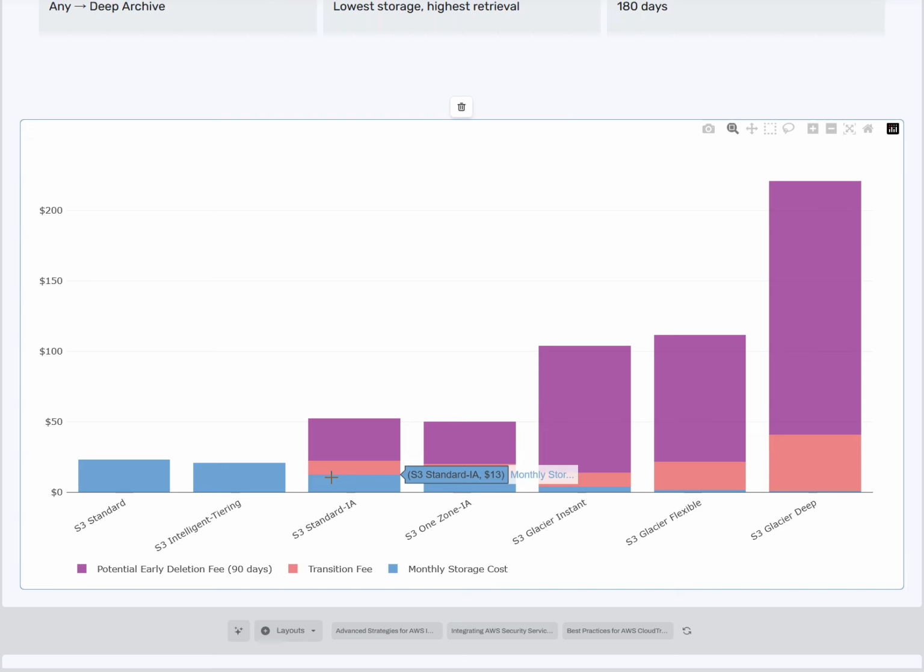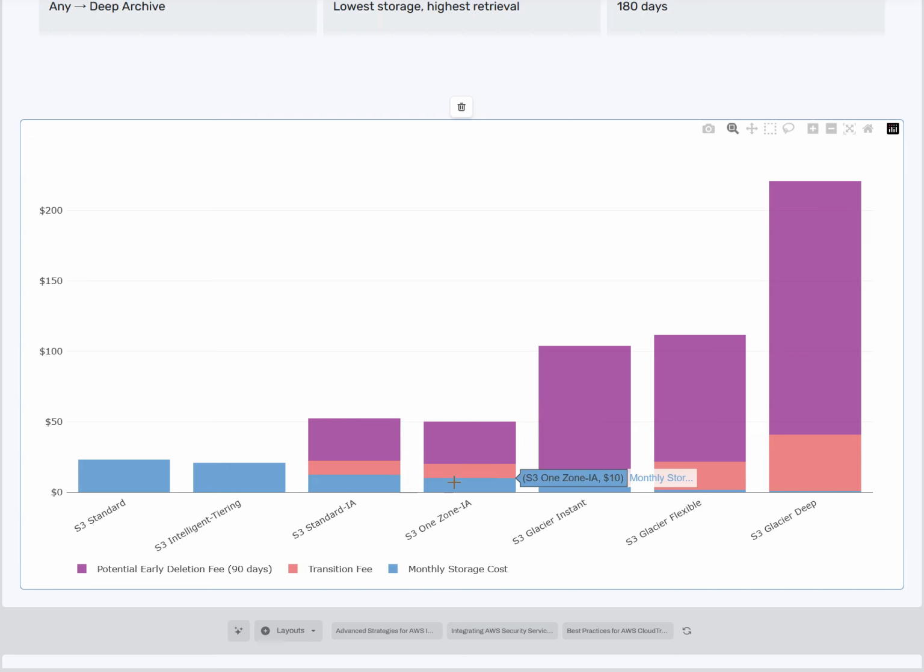Here is S3 Standard, $13, and then you get a transitioning fee of $10, and then $30, right? So altogether 30, 10, and 30, so it's more than $50 coming up.